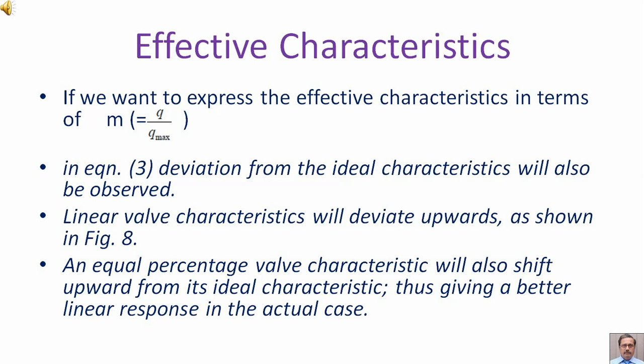Linear valve characteristics will deviate upward as shown in figure 8. An equal percentage valve characteristic will also shift upward from its ideal characteristic, thus giving a better linear response in the actual case.